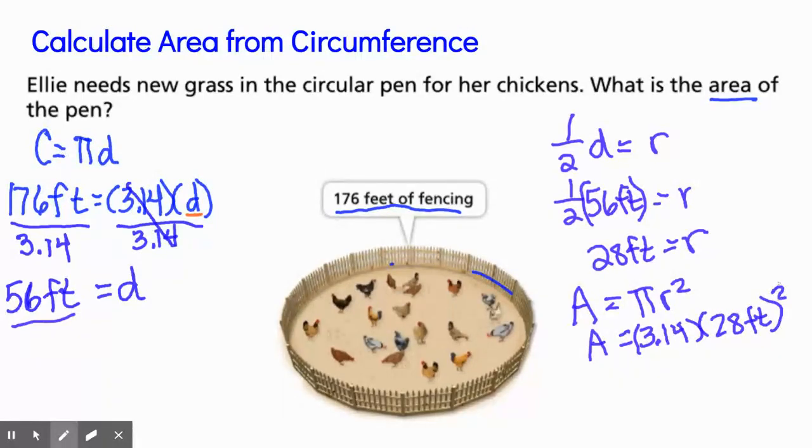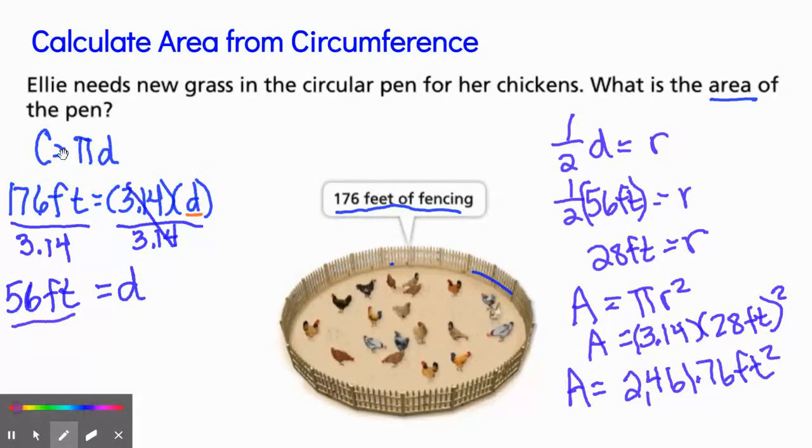Put that calculation in the calculator. Area of the pen is 2,461.76 feet squared.